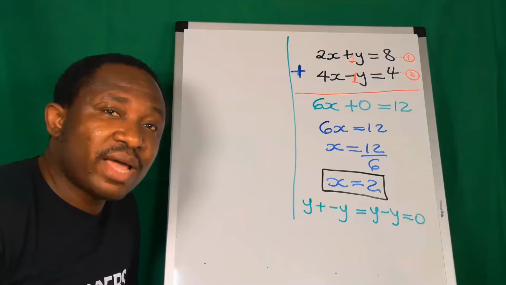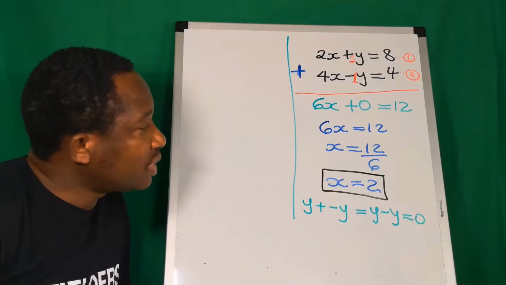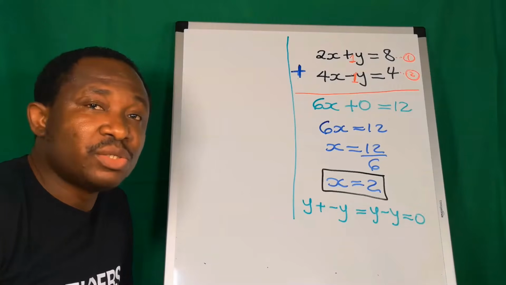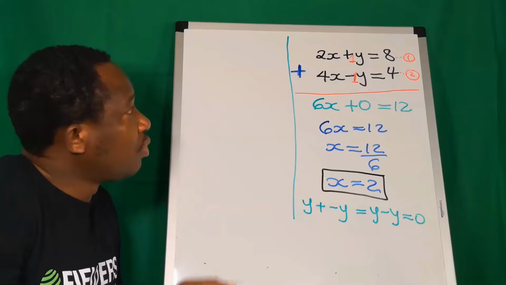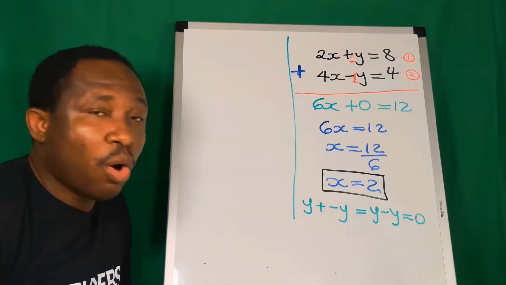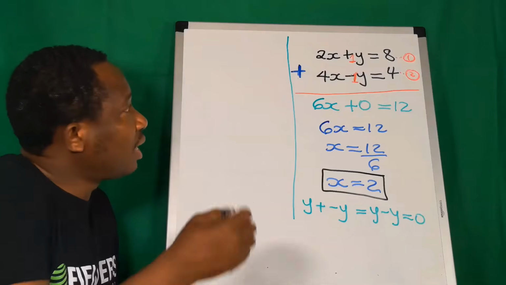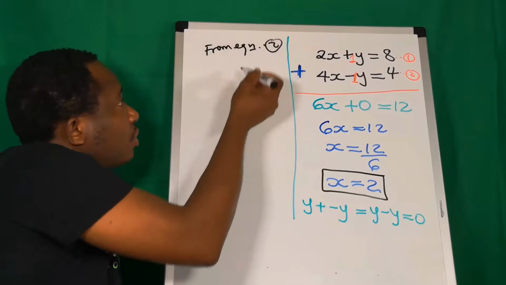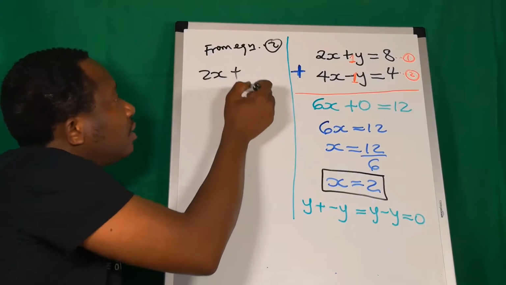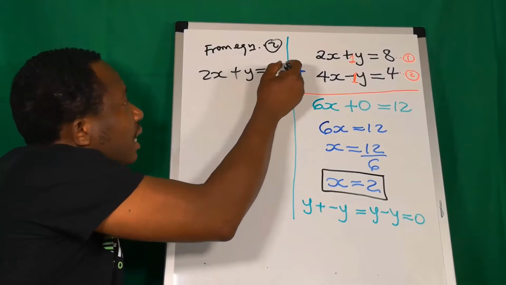Next, to find y, we're going to substitute x equals 2 into either equation 1 or equation 2. Well, let me choose equation 2. We have that 2x plus y is 8.